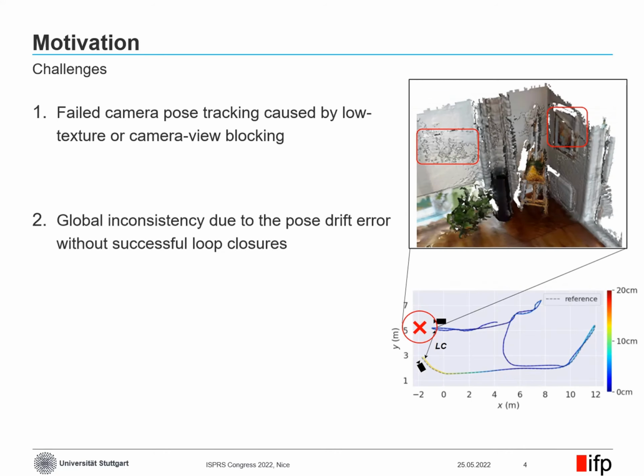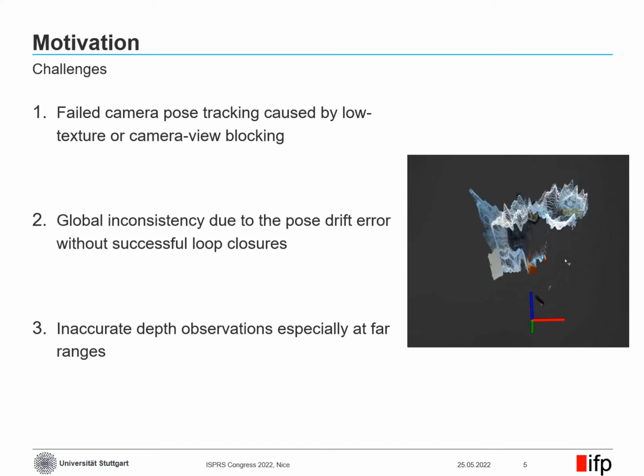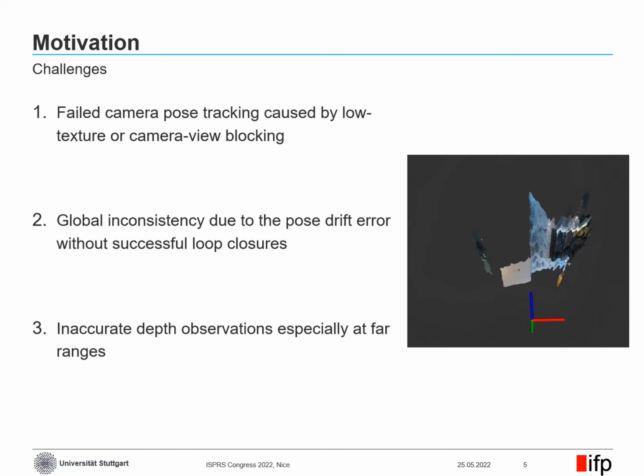The second challenge is the global inconsistency due to pose-drift error without successful loop closures, leading to an inconsistent map, as can be seen in the right figure. The third challenge is the inaccurate depth observations, especially at far ranges, as can be seen in the right video.